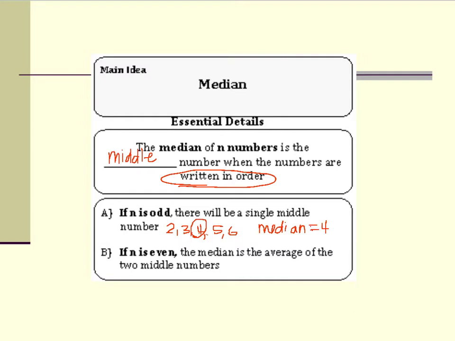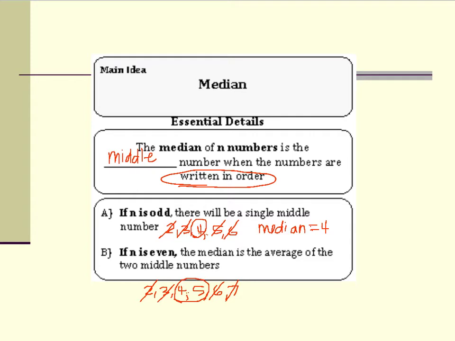However, sometimes you're going to have an even number of items, like 2, 3, 4, 5, 6, 7. And what we normally do, and I think what they taught you in middle school, is you kind of cancel off the first one and the last one, and the first one and the last one, right? So if we do that, we're left with 2 numbers.